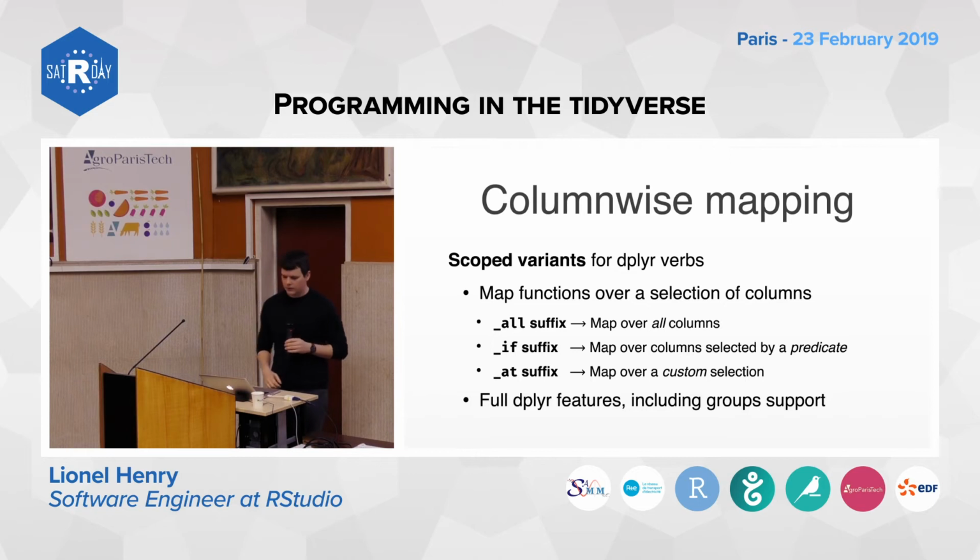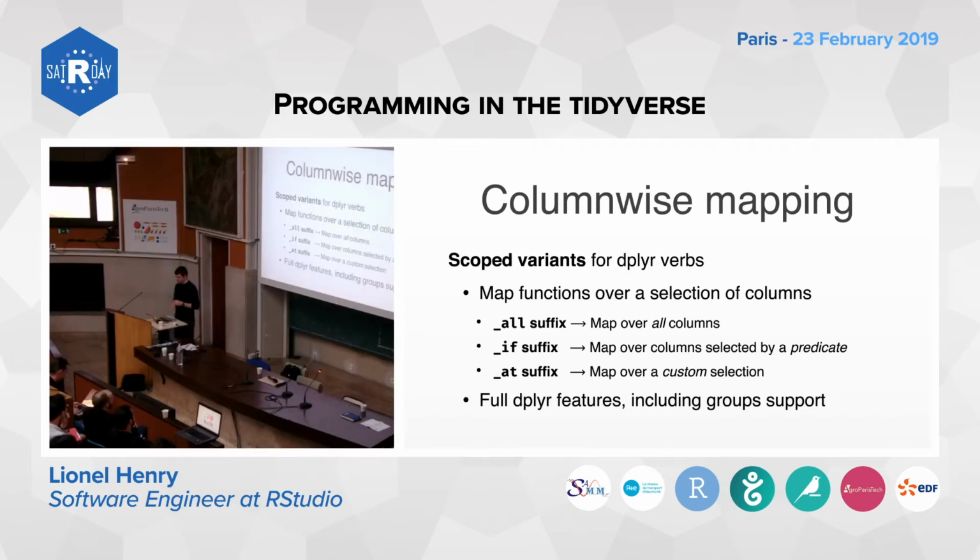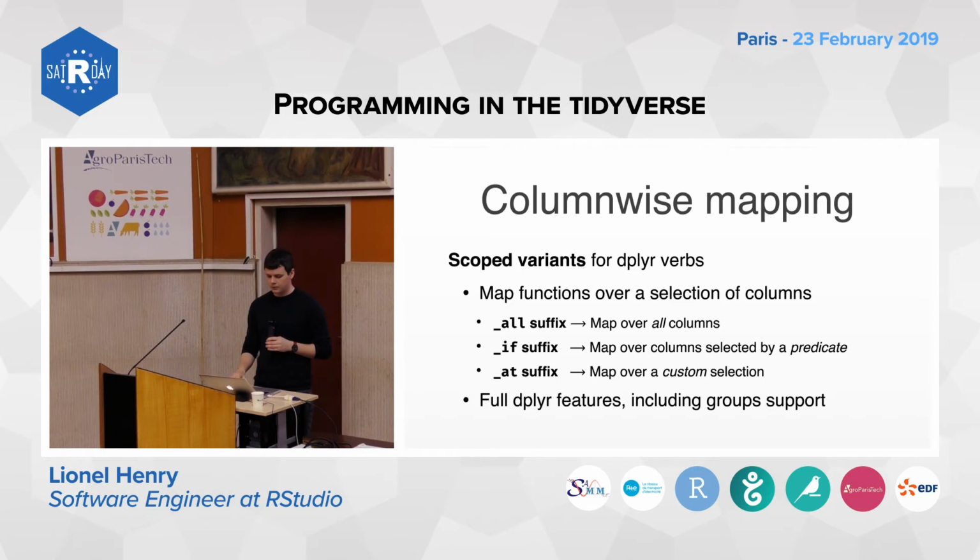And in dplyr, we have these scoped variants that use the same principle, and that allow you to map a function over a selection of columns. And there are 3 kinds of selection. You can select all columns to apply the function over those. You can select columns with a predicate, and you can pass a custom selection.